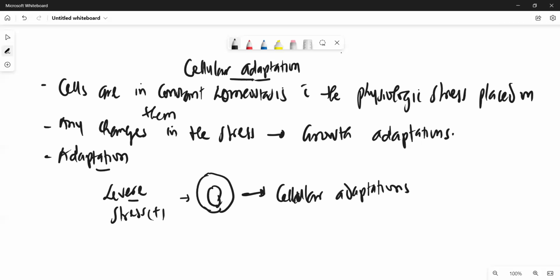And like I mentioned, most of the time this cellular adaptation is reversible. So once you remove the stress, the cell will go back to the normal state that it was in before.